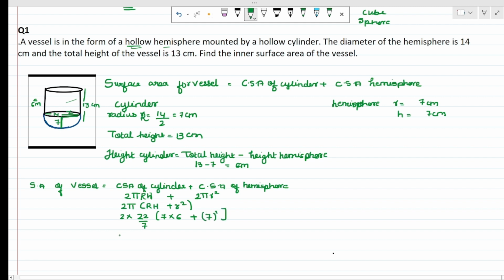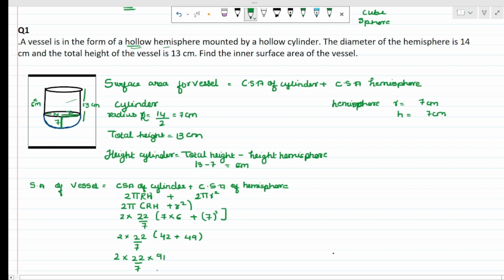Now solve this. 7 times 6 is 42, plus 7 times 7 is 49. Now add 42 plus 49, you will get 91. So your answer will be 2 multiplied by 22 upon 7 multiplied by 91.